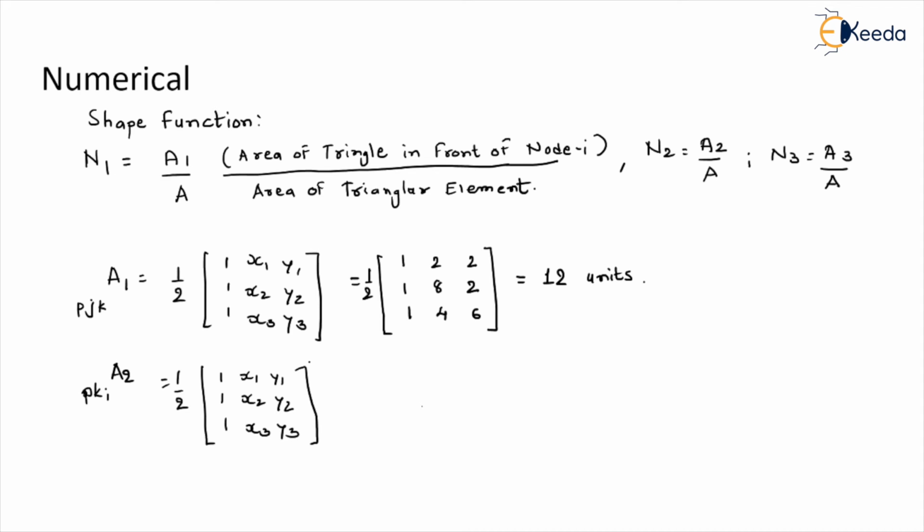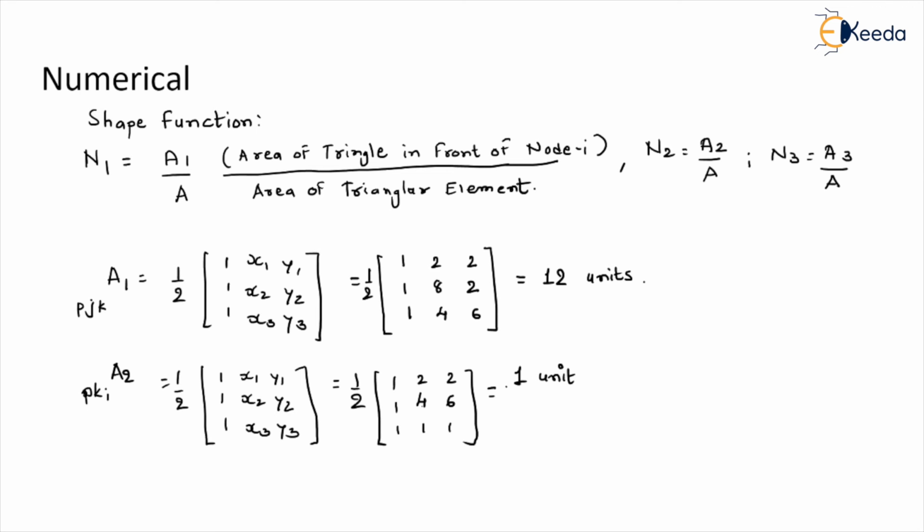So putting the values of PKI here, we have 2 comma 2, 4 comma 6, 1 comma 1. If we solve this matrix, we will get the answer 1 unit.